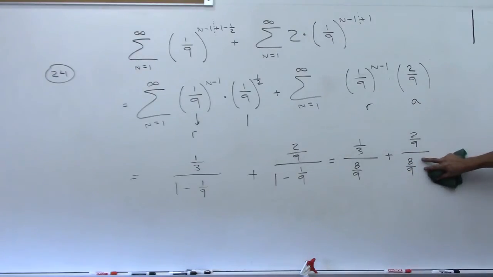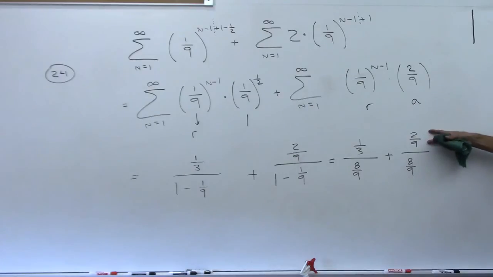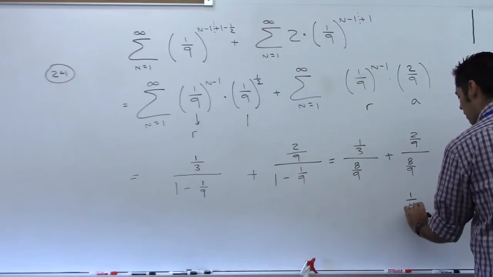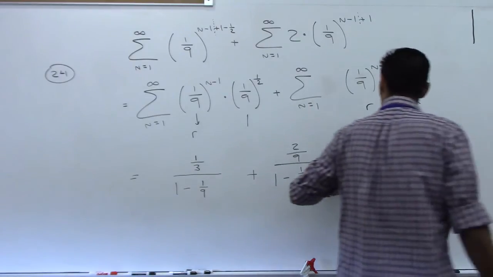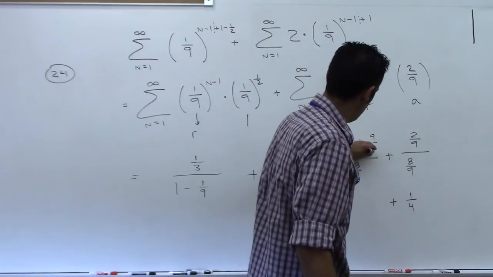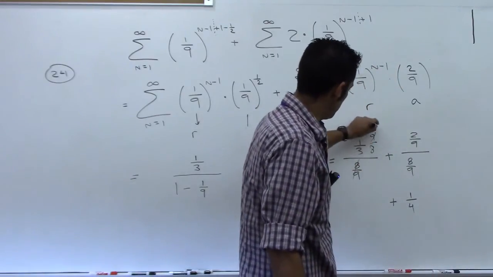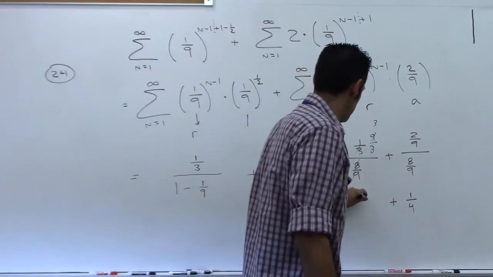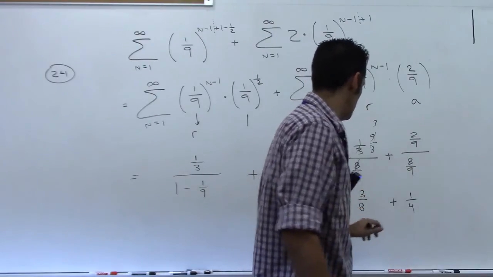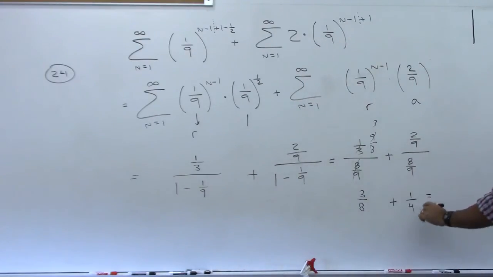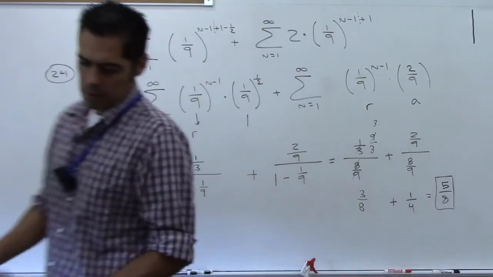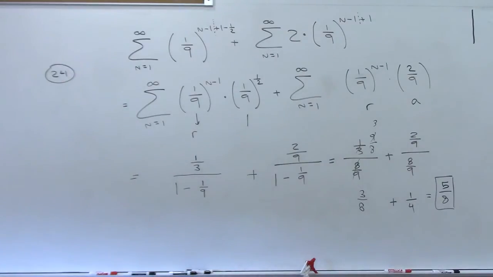And we can flip here. When we flip that up, we get 2 over 8, that's 1/4. Plus over here, when we flip, 9 over 8, we get 3/8, that cancels. And when we put those two together, we should get 5/8. There we go.